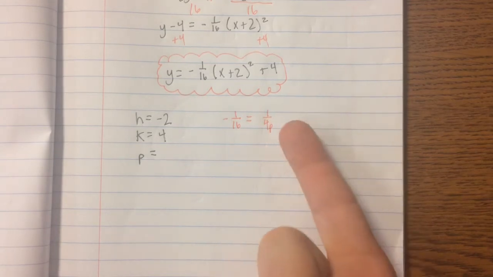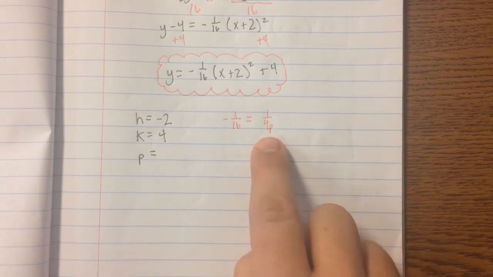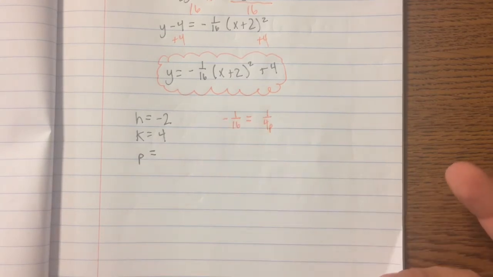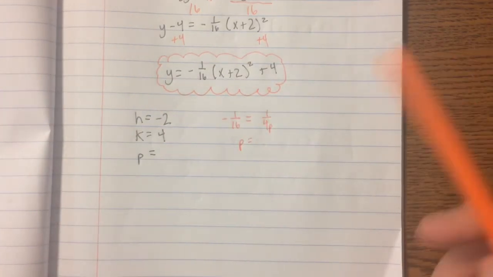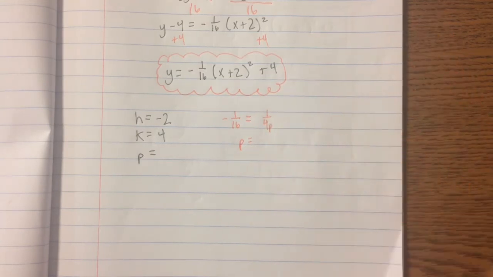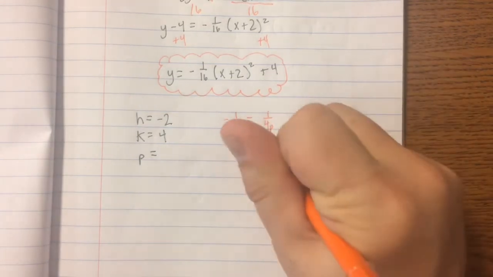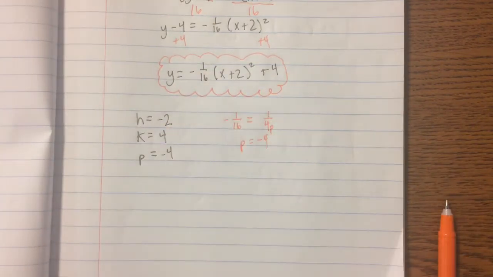What would p have to be to make this true? Yeah, negative 4, right? Negative 4 times 4 would be negative 16, and then you'd have what you need. If that's not as obvious to you, you can always cross multiply and then solve for this variable, but otherwise, this is the way to go. p is negative 4. Okay, so I've got my p value.